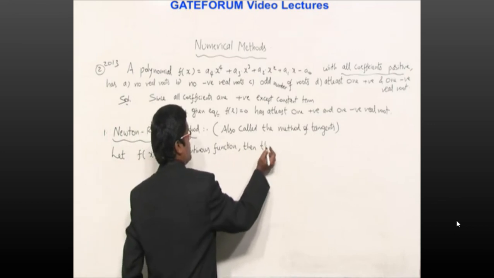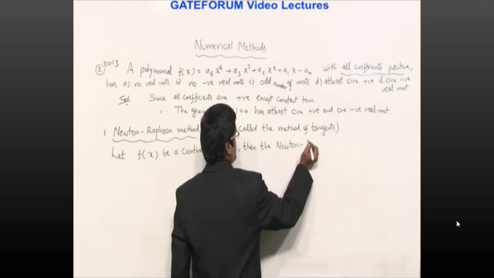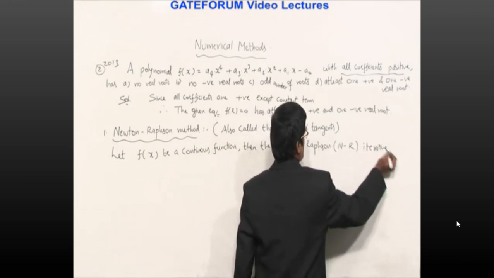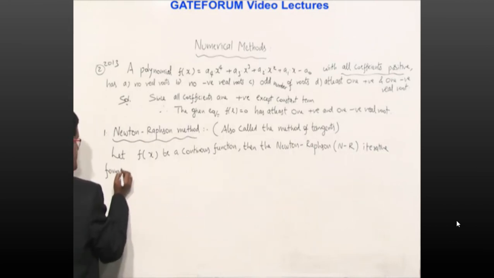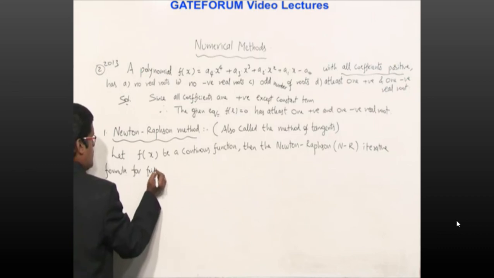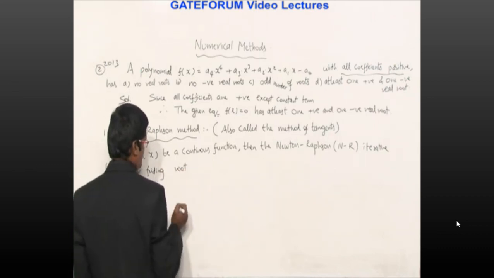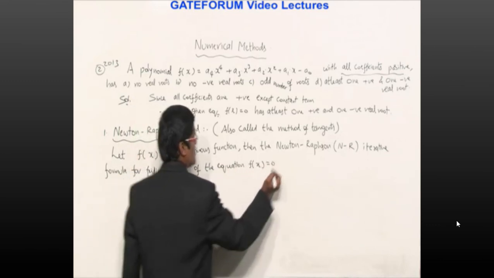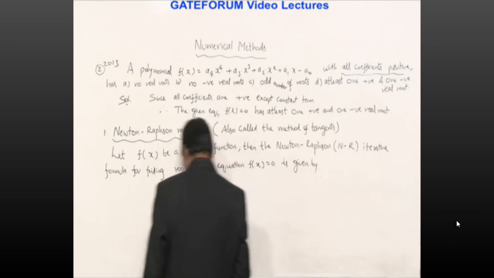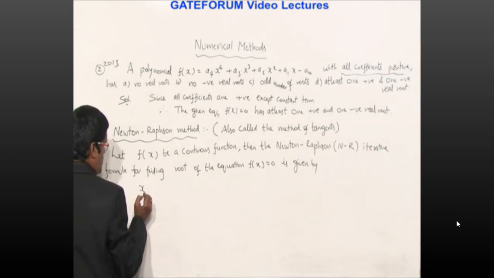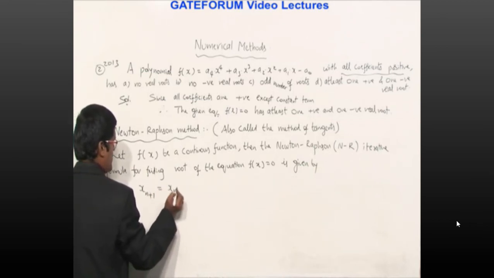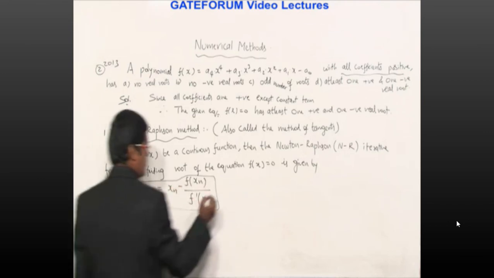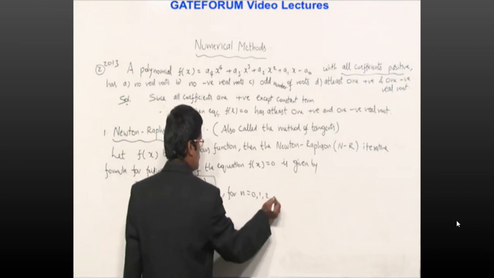Then the Newton-Raphson, in short NR, iterative formula for finding a root of the equation f(x) = 0 is given by x(n+1) = x(n) minus f of x(n) divided by f dash x(n), for n = 0, 1, 2, and so on.